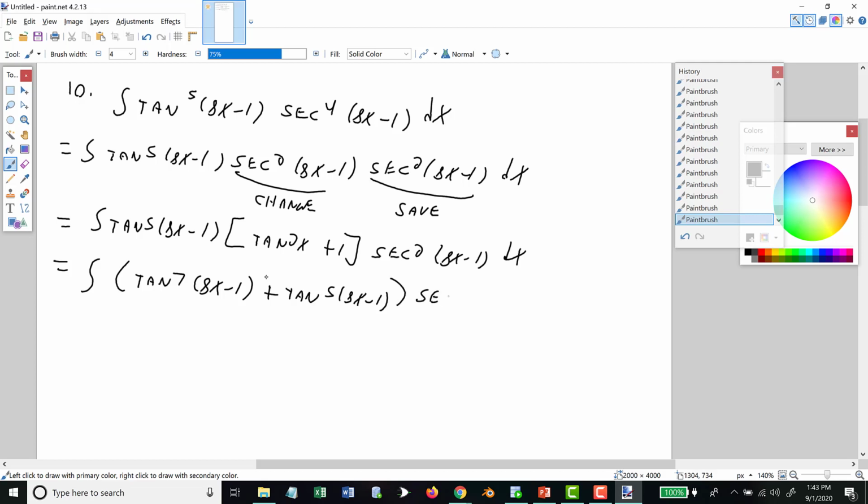And secant squared here. Now we're going to have to do a double substitution here. I'll first start off with u. U is equal to 8x minus 1. Du would be 8 dx. So I need an 8 inside, 1/8 out in front.